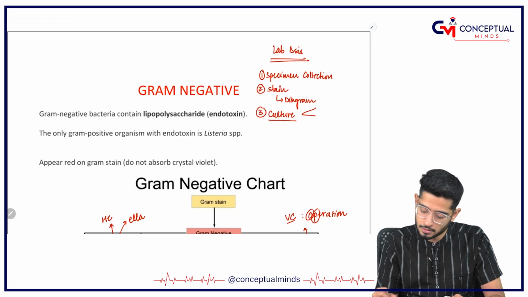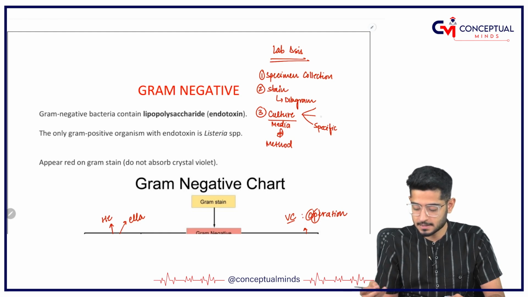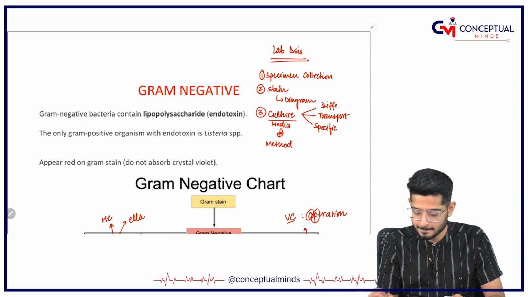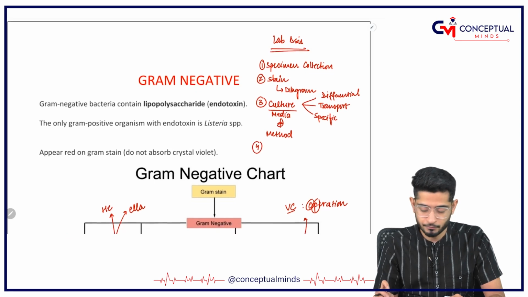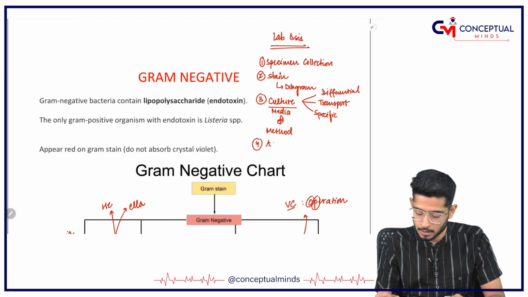So specific culture media, and obviously culture method. This we will discuss in our next video. So specific culture media, specific culture method, some transport media if there is, some differential media, right, like that. Then after culture you will come to antimicrobial susceptibility testing, that we will discuss in the next class.